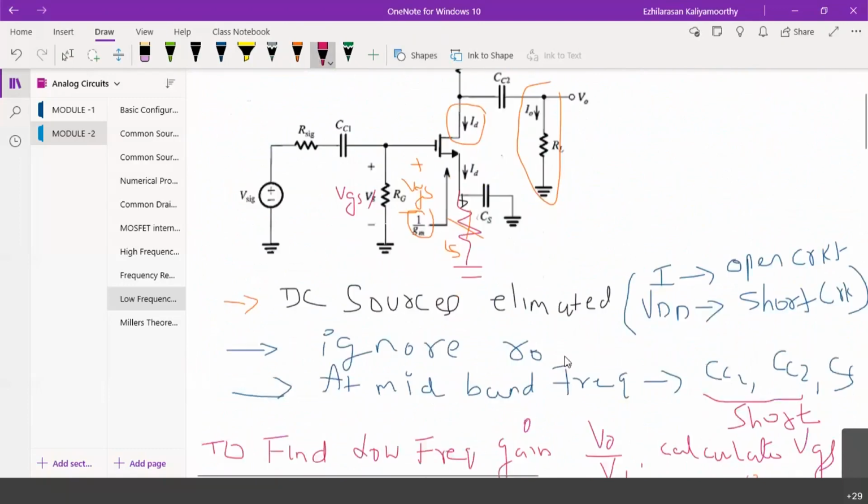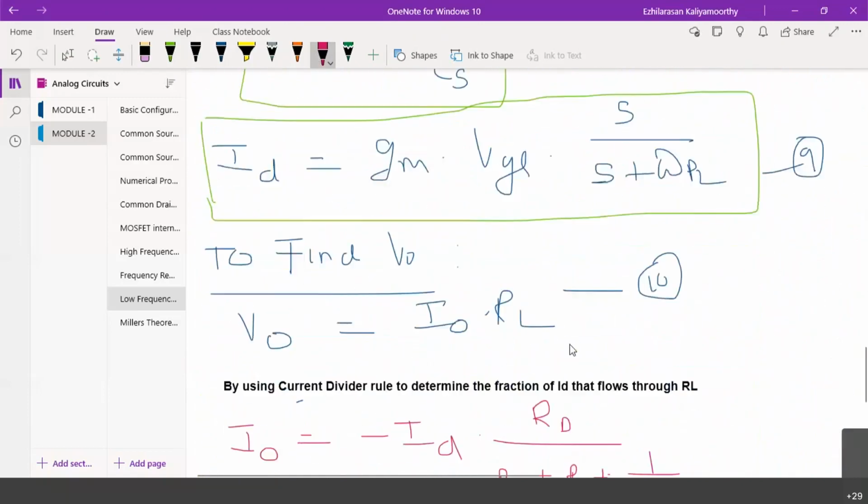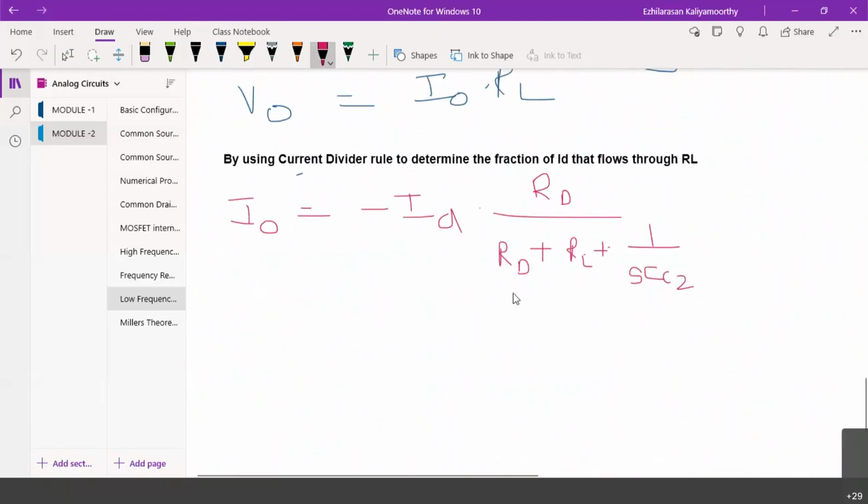So you have to apply that, then we get minus ID into, because of current term.